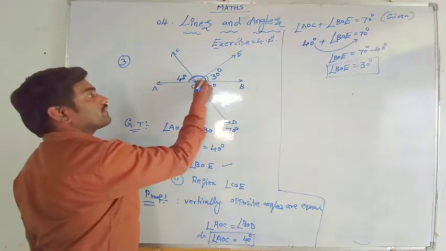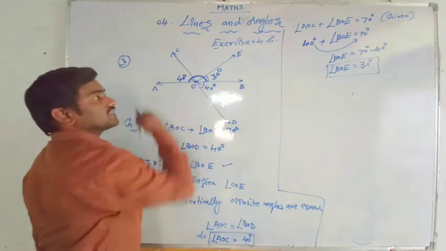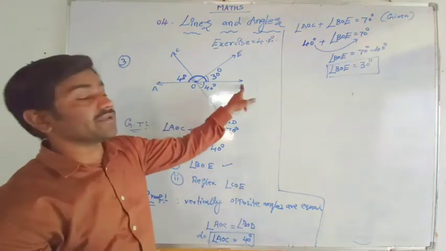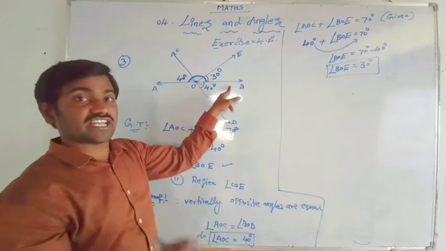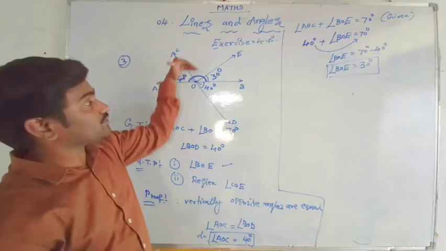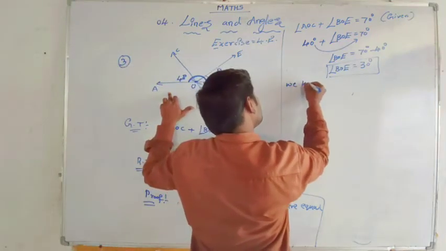Now here you can see the sum of these three angles. AB is a straight line, and a straight line gives 180 degrees.